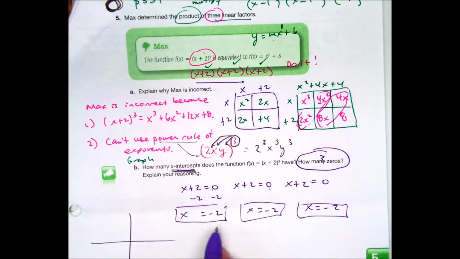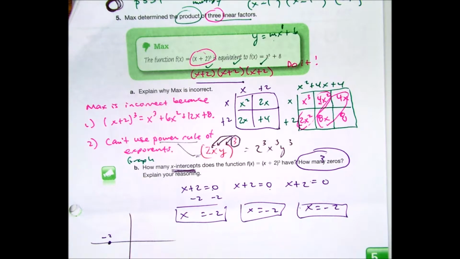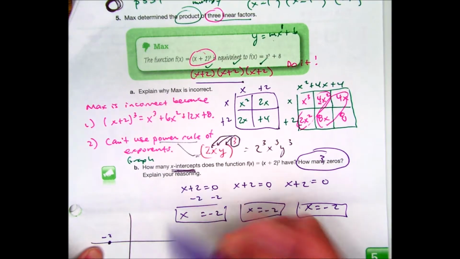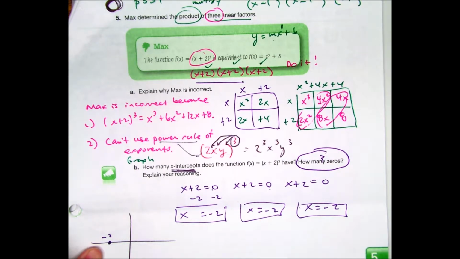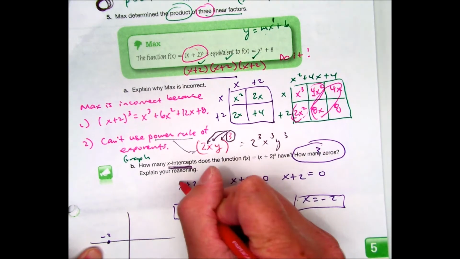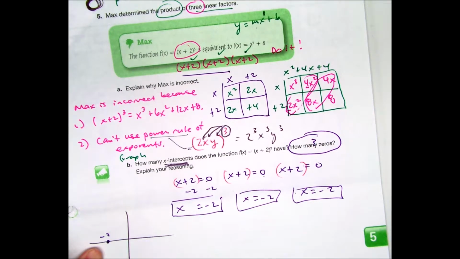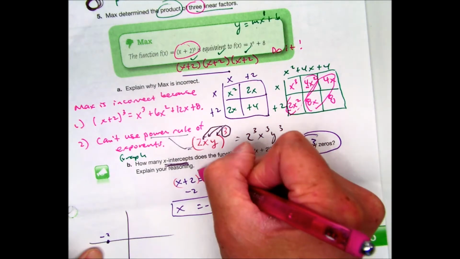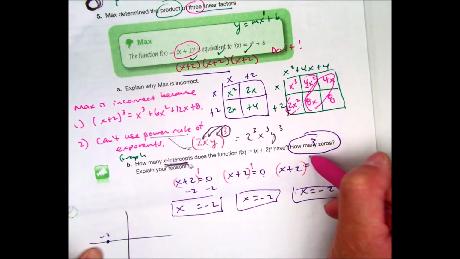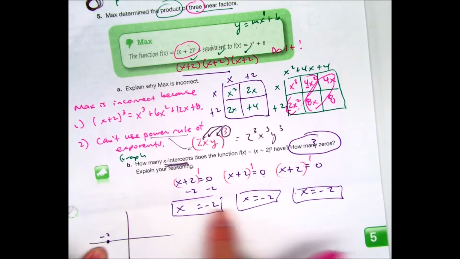Now if I graph this, -2, and let's think about it. Since I've separated it, you're not going to say a multiplicity of 1, multiplicity of 1, multiplicity of 1 at negative 2, because they're all the same number.